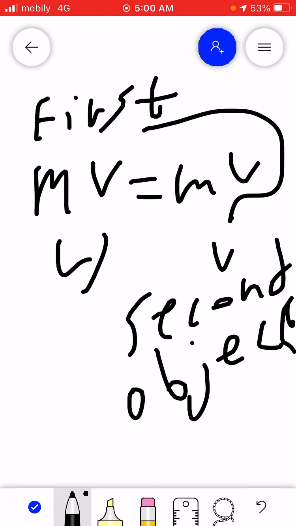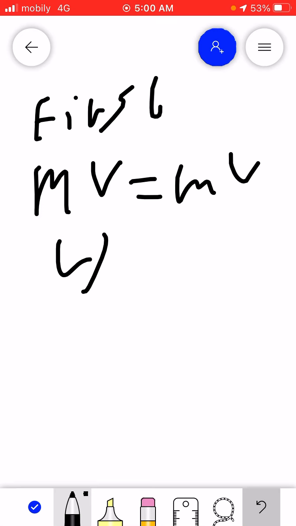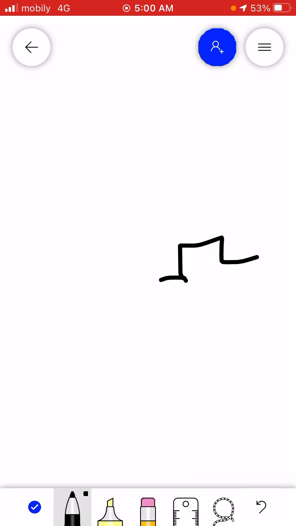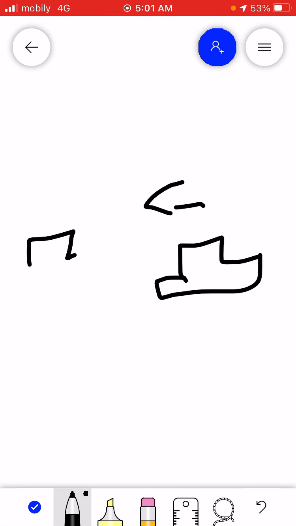What about an inelastic collision? Well, an inelastic collision is when the objects will not come to a stop. For example, let's say we have a car going to the right, so the vector is going to the right, and another car coming from the opposite direction, going to the left.